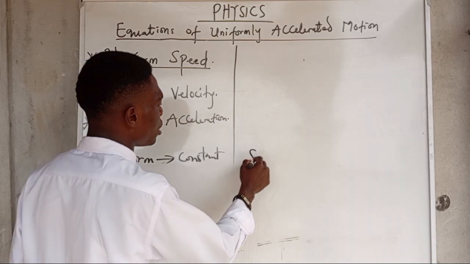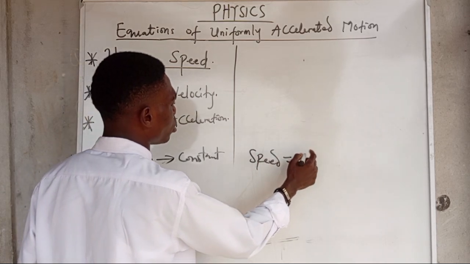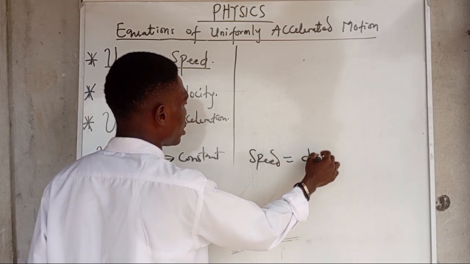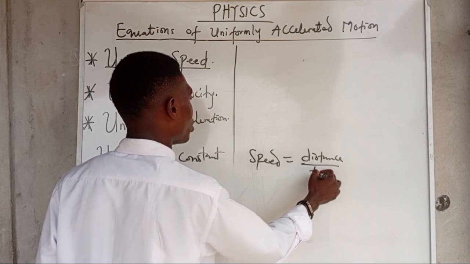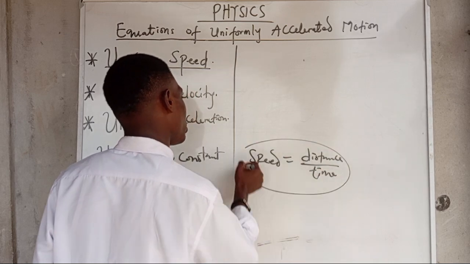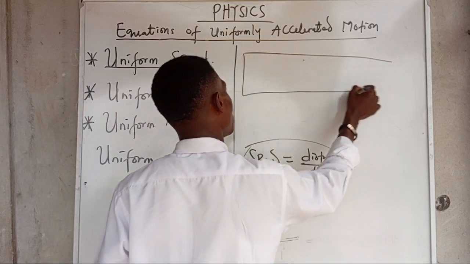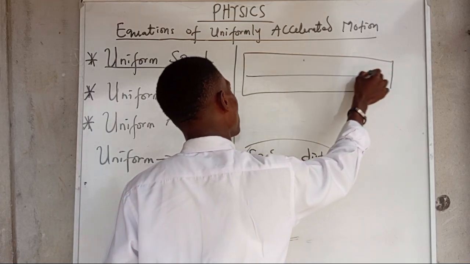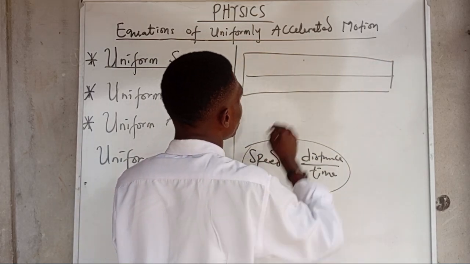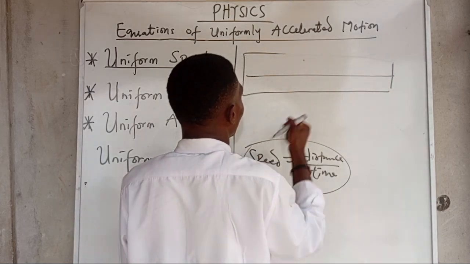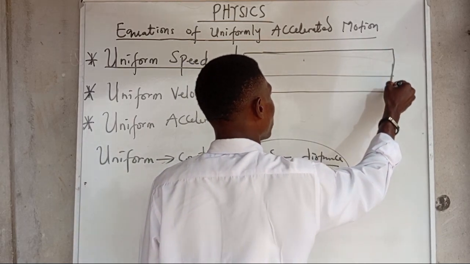Now, remember that the fundamental formula of speed is equal to change in distance, that's distance, all over what? All over time. All right. So let's now give a table showing the distance covered by an object and the time during which the distance is covered. Are we together now? Yes.